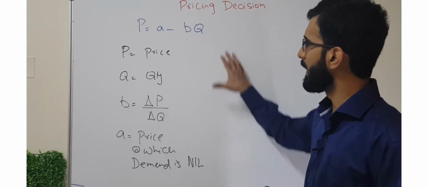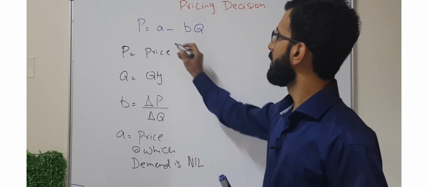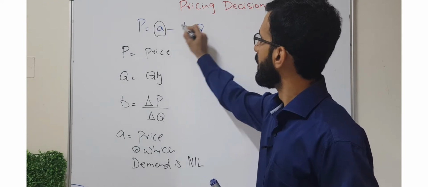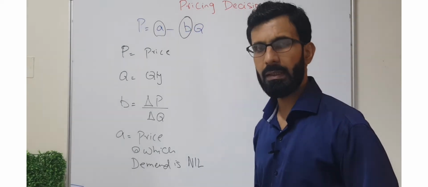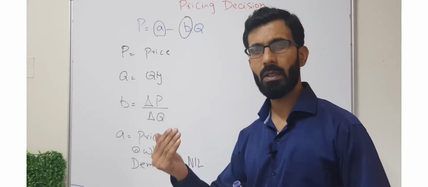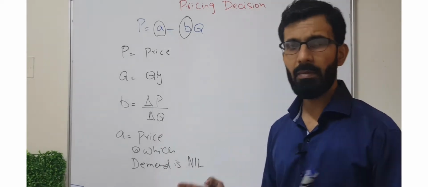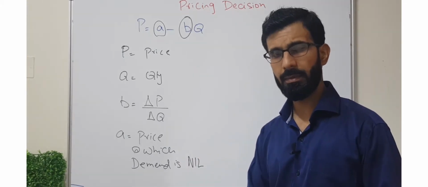Okay, so in this equation, the main variables that we are going to determine will be these two, and these two variables will also be required in the marginal revenue function, where we have to determine the optimal selling price. Okay, so we will use the same example which we have discussed earlier.